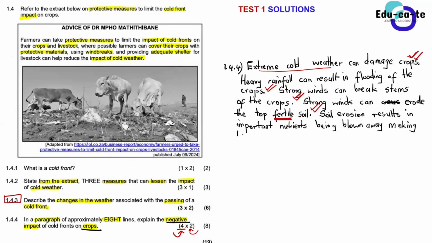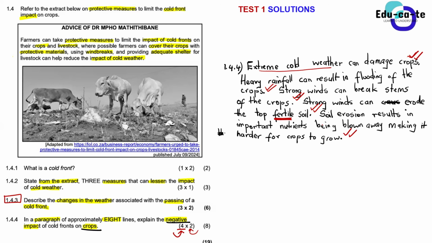Guys, you need to give the cause then an effect specifically on the crops, making it harder for crops to grow. So you guys can talk of more points. These are not only the answers. You just need to give us those dangerous or harmful effects.